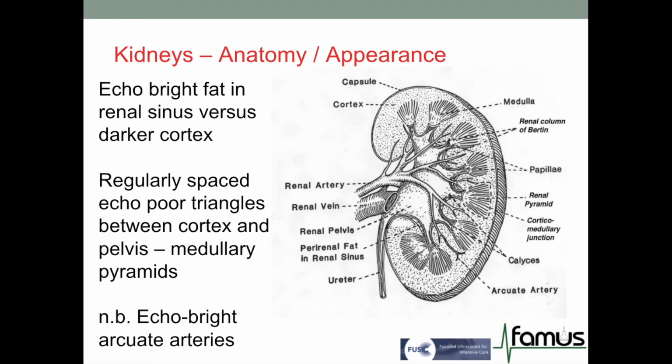In this slide, we have just a reminder of the anatomy of the kidney, where we can see vascular structures, we can see the cortex, which appears less echogenic, so darker on ultrasound, and then the sinus with the pelvis, which appears more echogenic, bright, also for the presence of fat around it, and then we will be able to identify both the pyramids and the papillae.